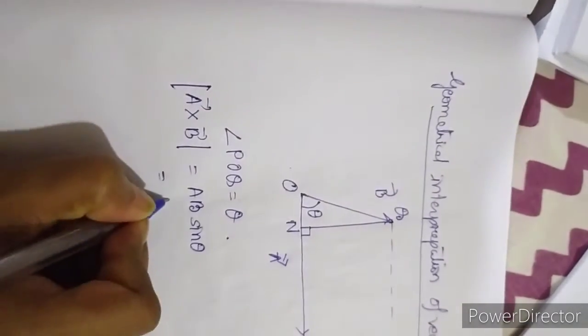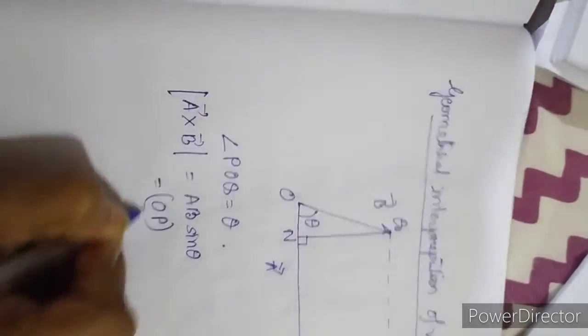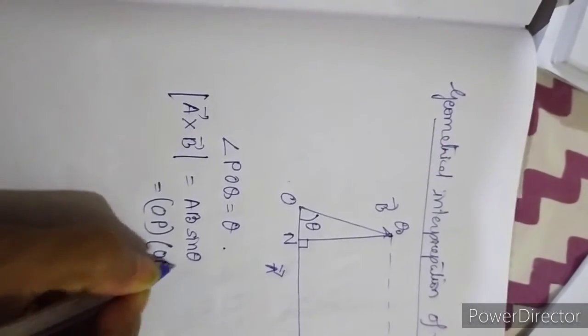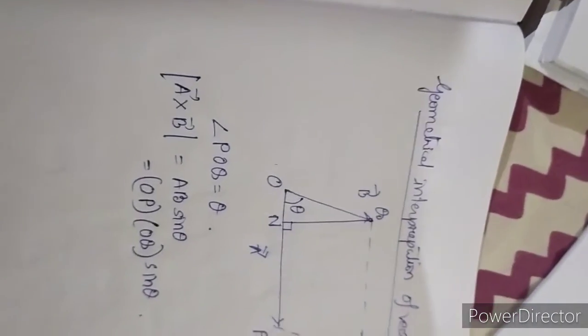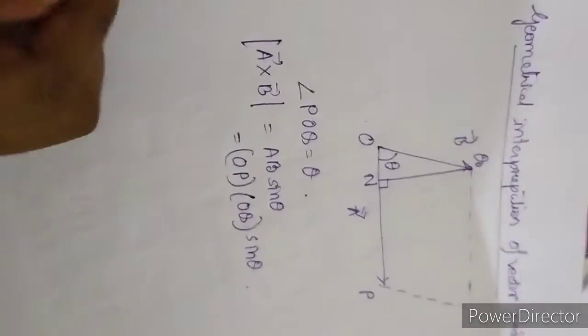Now, what is A? A is OP. What is B? B is OQ. Then sine of theta. I hope from the figure it is okay.